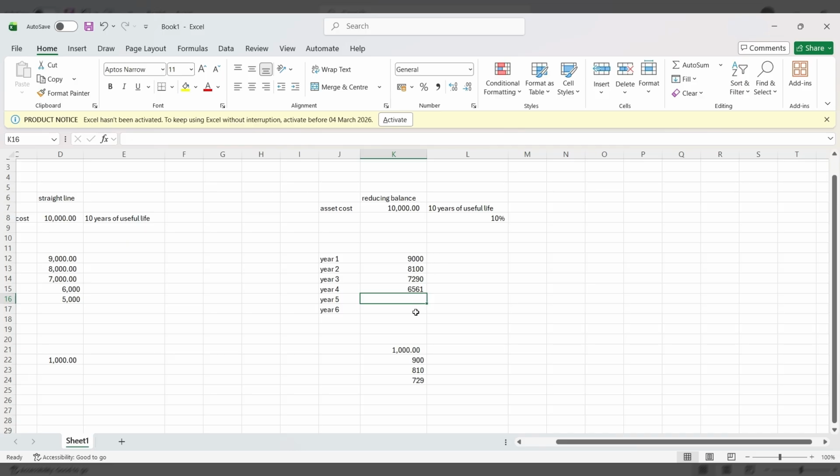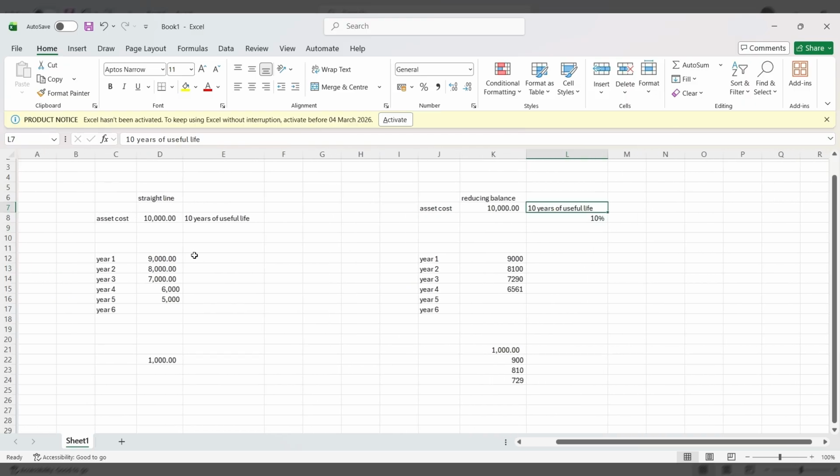You can see here that each time, looking at our depreciation expenses, as the years go on, there's actually less depreciation. So for this asset, which has a useful life of 10 years, most of the loss of value is going to come within the first few years. It's front loading depreciation.